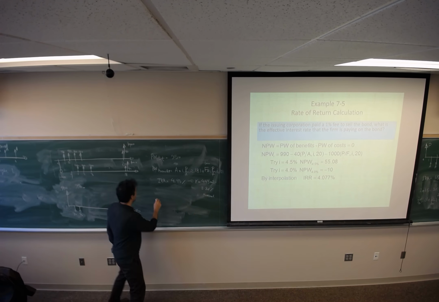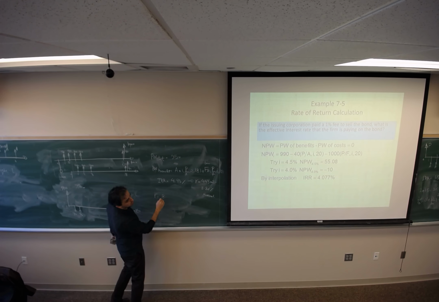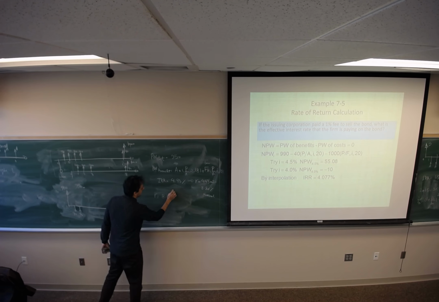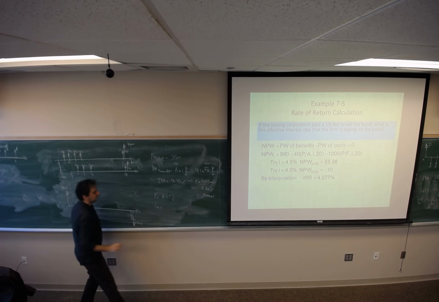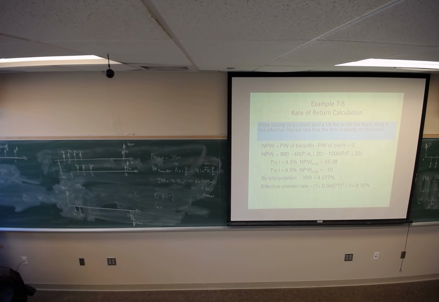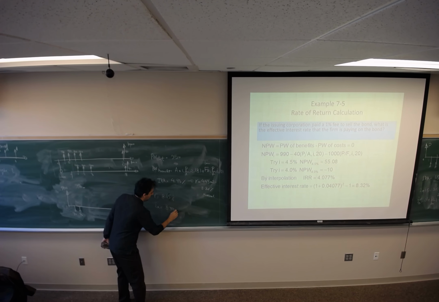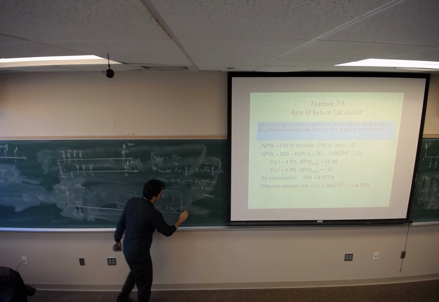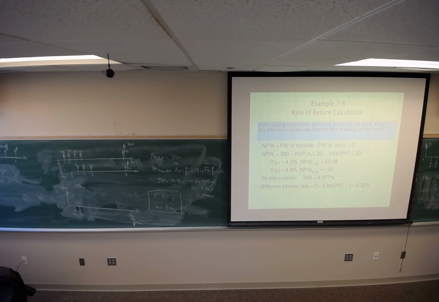If you want to find R, it is going to be 8.14, 50. And I effective is 8.32. So the corporation has paid 8.32%.